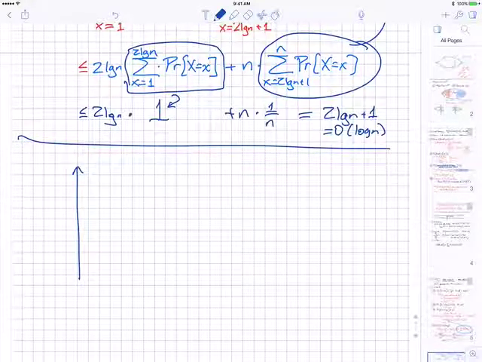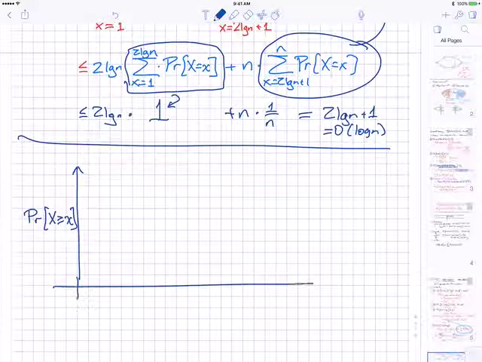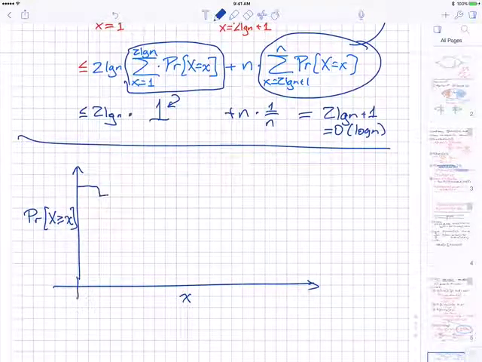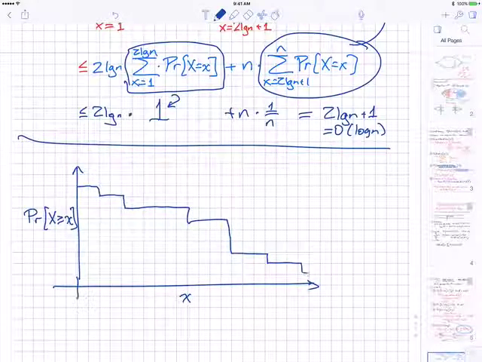The idea is I'm going to plot this function, the probability that capital X is bigger than little x, as a function of little x. This is a step function, but it's monotone, non-increasing. At various integer values of x, this thing is going to go down.